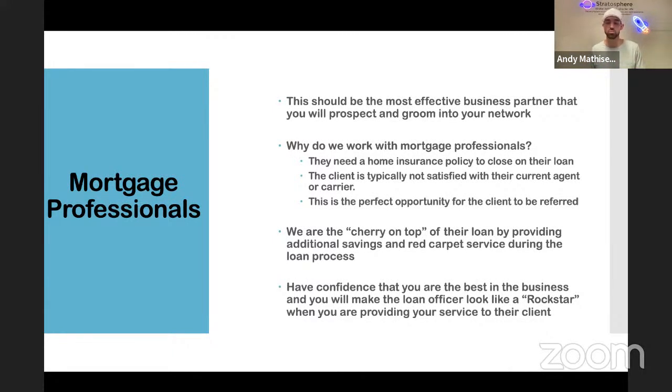I want that as part of my mortgage process. So mortgage brokers should be very excited to work with you if you're good at what you do. And I always used to like to say, we're making the loan officer, the mortgage broker, look like a rock star when they're referring me, the agent, because I'm going to make them look good.